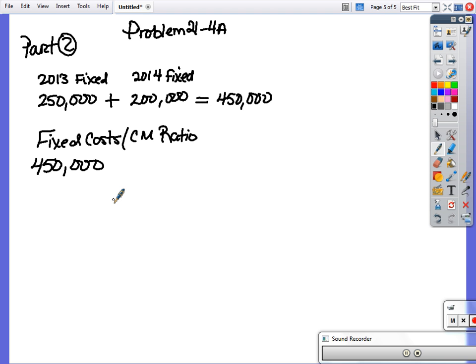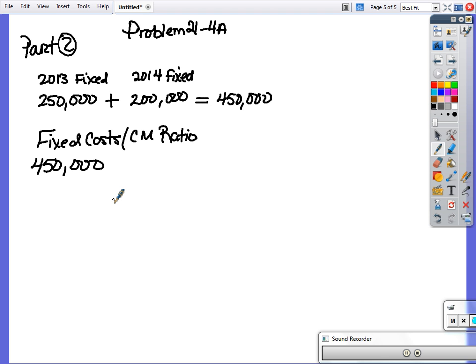So if the variable costs have changed, what were the variable costs before? $40. And how much did they say they went up? The price goes down, reduced by 50%. Oh, went down. So that's 20 bucks.